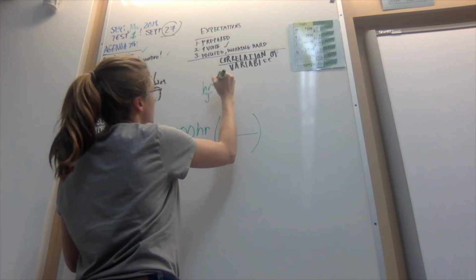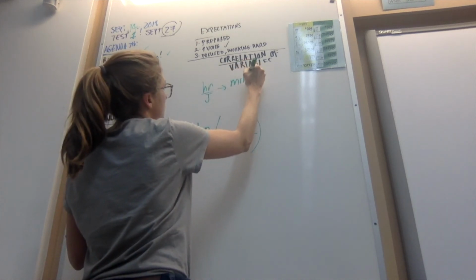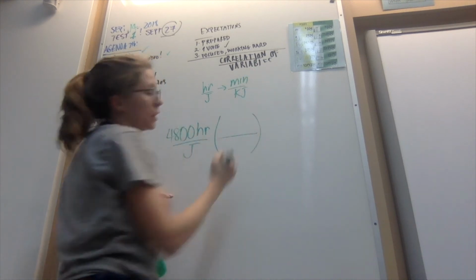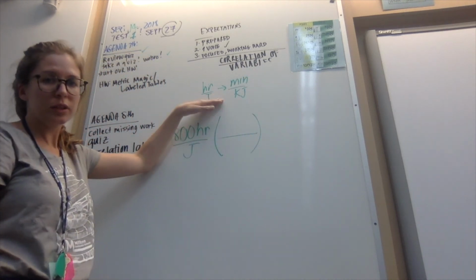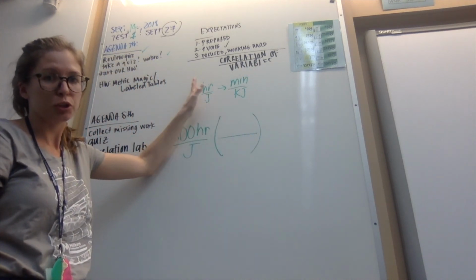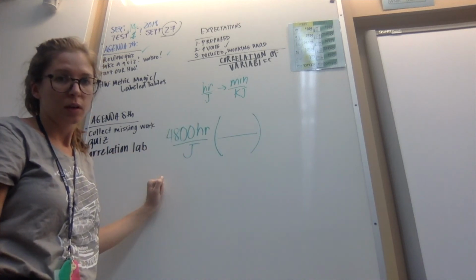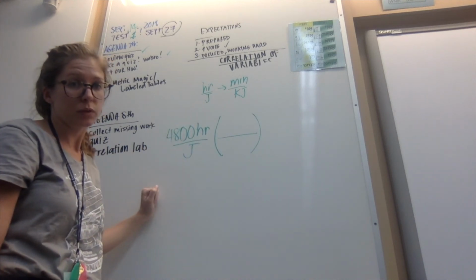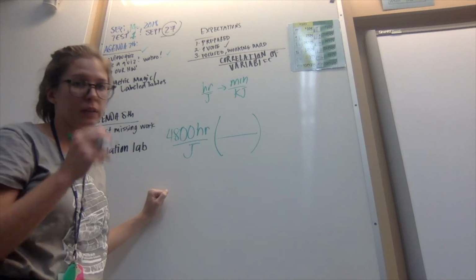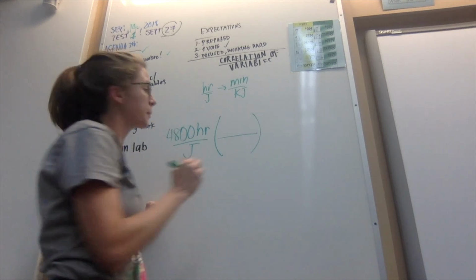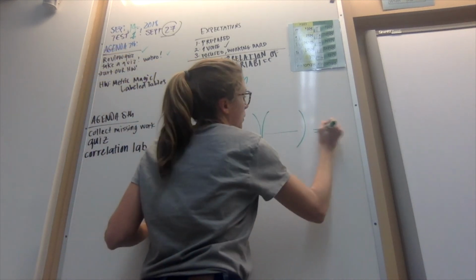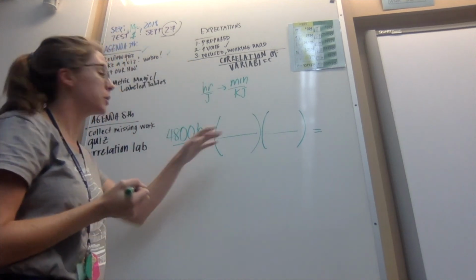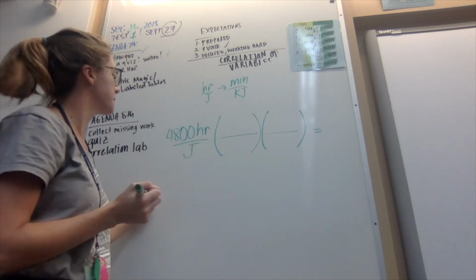Hours per joule to minutes per kilojoule, okay? Notice that I don't even need to put a number in front of here to show you how to do this problem. It's really the units that are confusing and where to put them. And then filling in the numbers after that is the easy part. So you probably already picked up on that I always fill in the units and then the numbers.